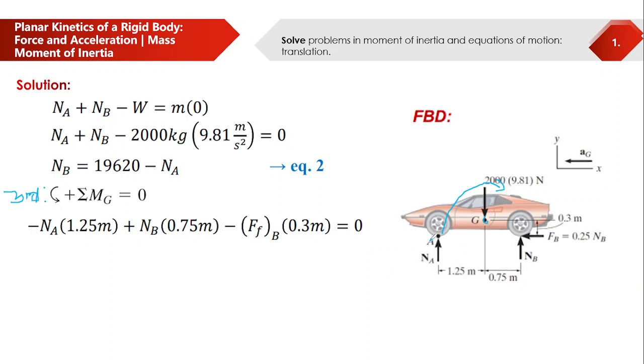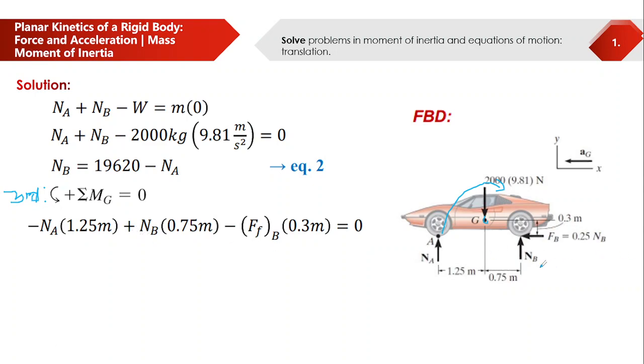That will be negative N sub A times the distance or the moment arm of point A from point G, that will be 1.25. Always perpendicular, class. If your force is acting vertically, the moment arm is horizontal. So that will be 1.25.